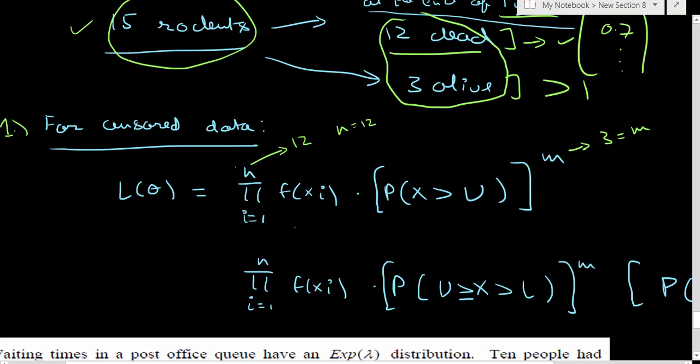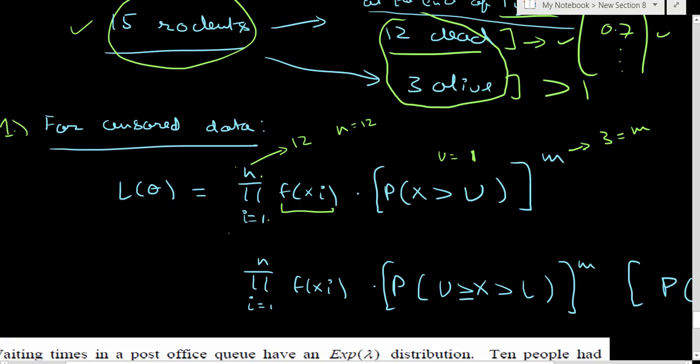So the likelihood function would now be the probabilities of these 12 guinea pigs multiplied, from 1 to 12, and that would be multiplied for these 3 guinea pigs with the probability that their lifetime is greater than 1 year. So u here is equal to 1.